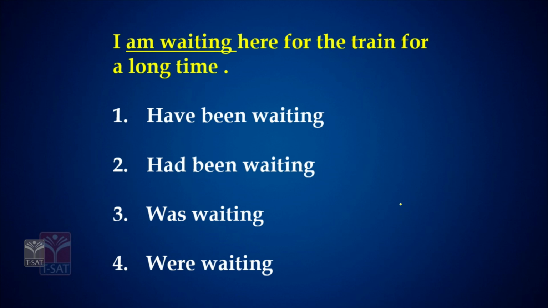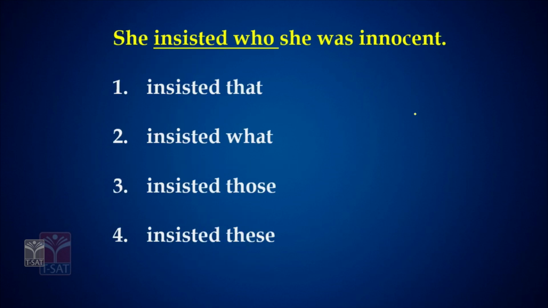And the other issue is, it has a structure for plus period of time. Generally, longer continuous actions need present perfect progressive. So, the right answer will be, I have been waiting here for the train for a long time.